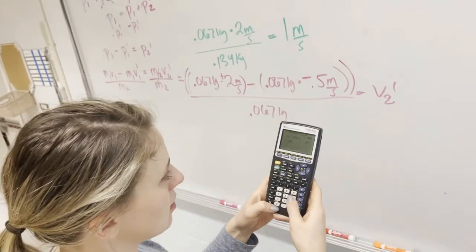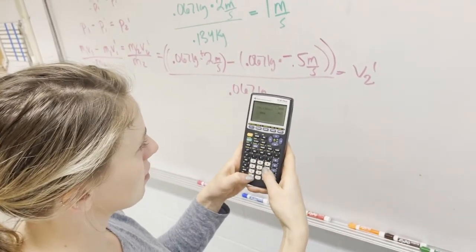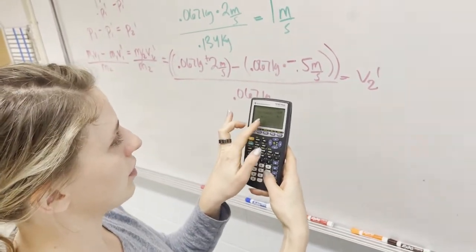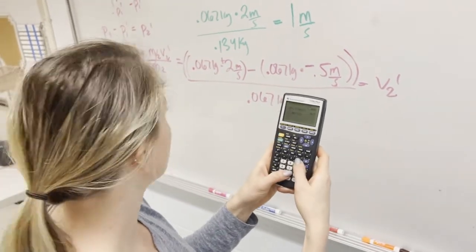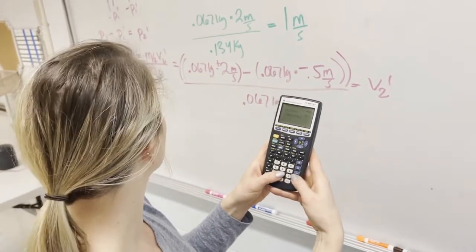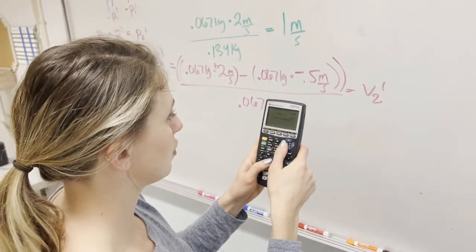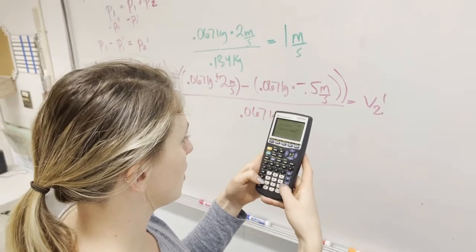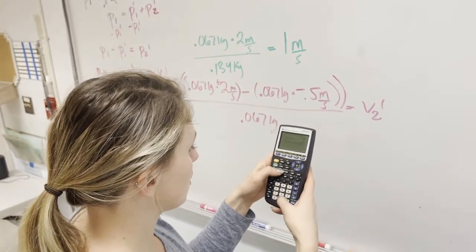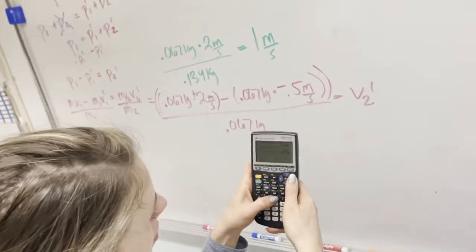Okay, so bracket, 0.067 times 2, close parenthesis, plus 0.067. That should be minus. You're totally right. I'm going to insert that, because Miss Moore makes mistakes. We all do.